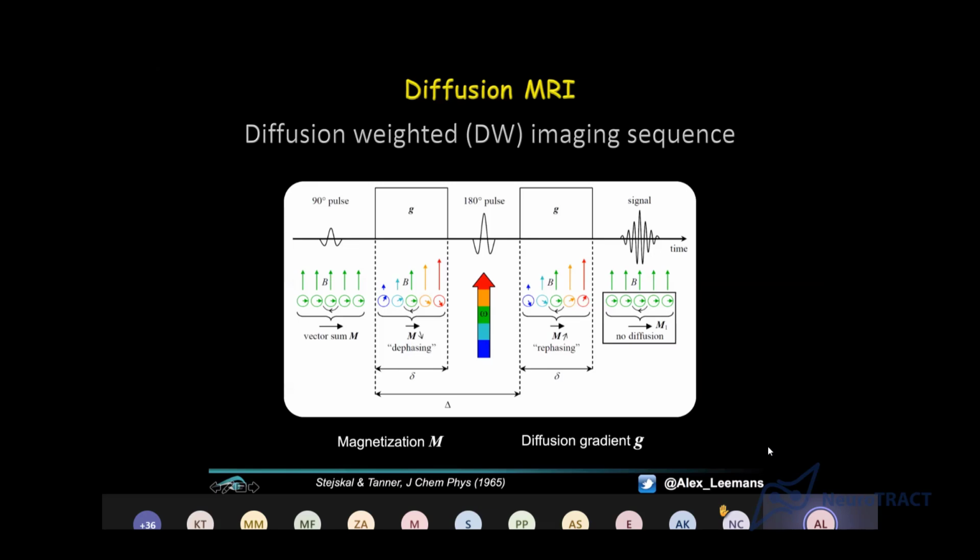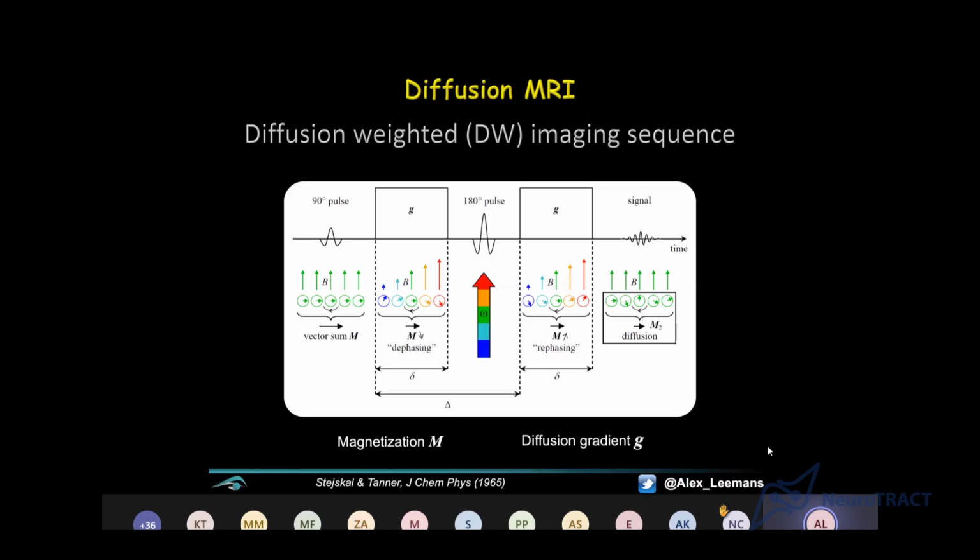gradient. If your molecules did not move at all, like on the far right in green, you see all these molecules, there was no diffusion, then they will be rephasing, and then you'll get your echo, your signal. If there was diffusion, and this is kind of shown here, then all these molecules, because they were moving around along this diffusion gradient, because of the difference in the magnetic field, there will not be a nice echo anymore.